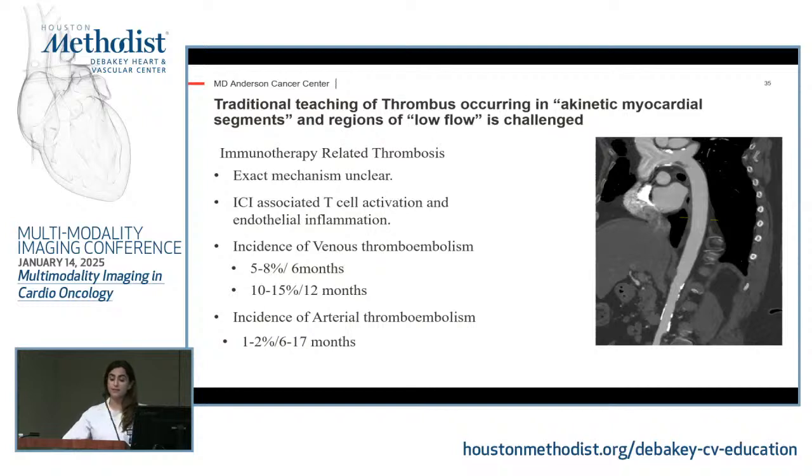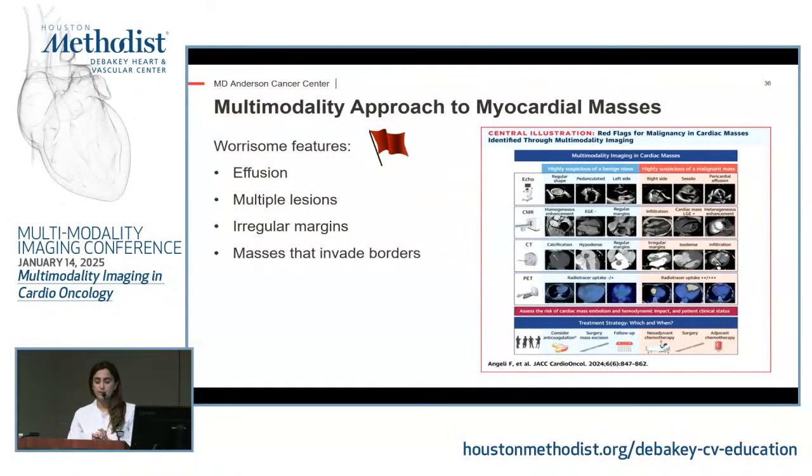The incidence of VTEs with immunotherapies is quite high, about 10% at 12 months, and the arterial thromboembolism story is yet to unfold. We suspect that these rates are much higher than what's described. So when we talk about masses, the rare features, we do try to use a multimodality approach.